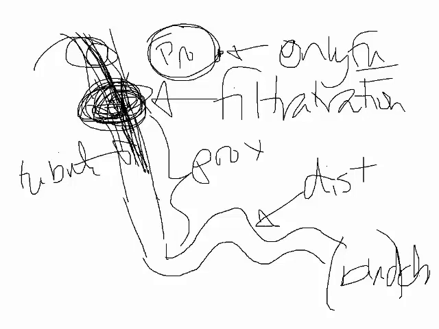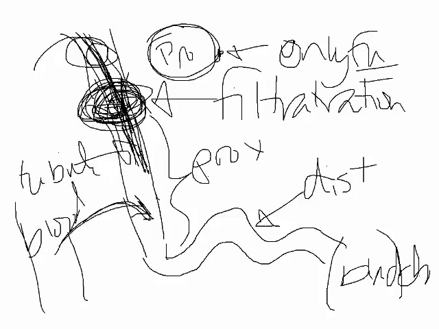Then the next thing that happens in the proximal tubule is we can have drug added from the blood to the nephron. If we think of this as the bloodstream, we can have drug move from the blood into the nephron.